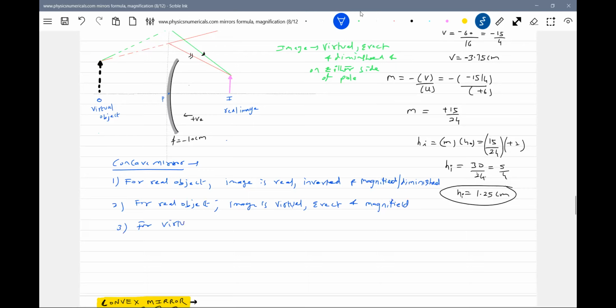For a virtual object, the image is real, erect, and diminished. So what is not possible? For a virtual object, it cannot form a virtual image. I think this is very, very important.